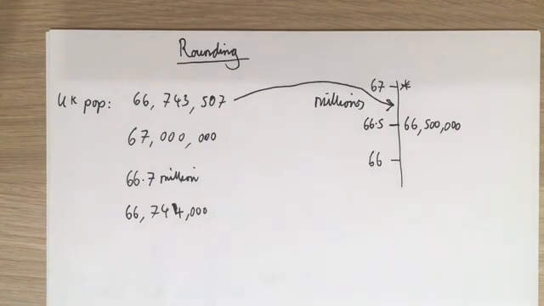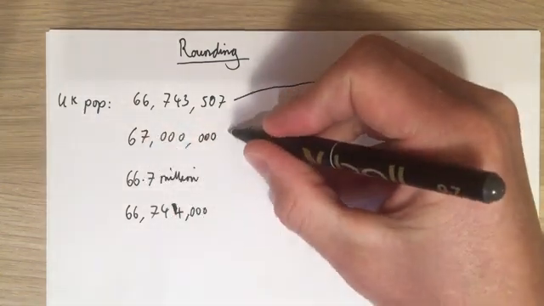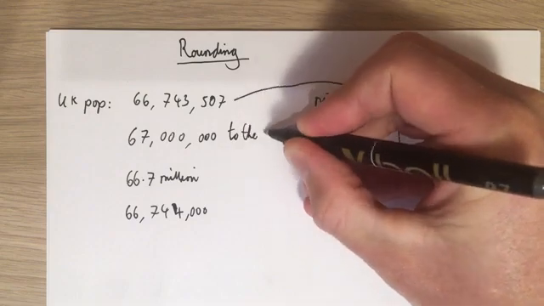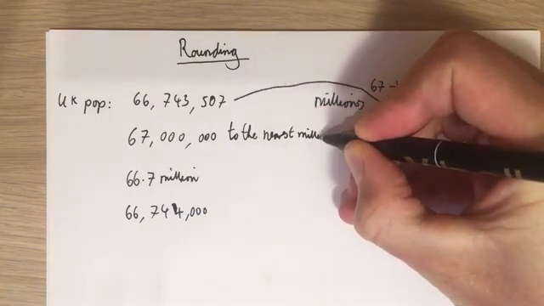A little bit more detail in terms of what they might ask you in an exam and how to go about doing it and using it. Well, how could I have asked you for this level of accuracy? What I would probably say is to the nearest million.